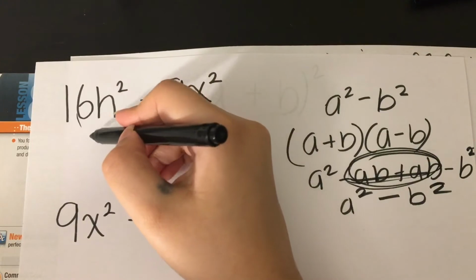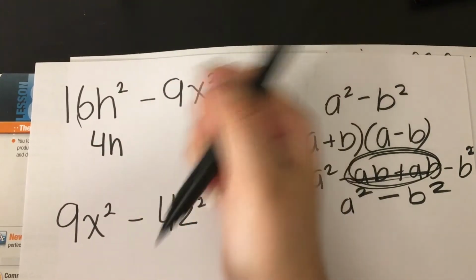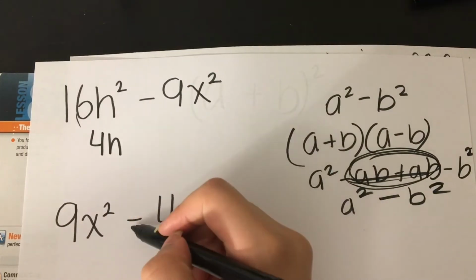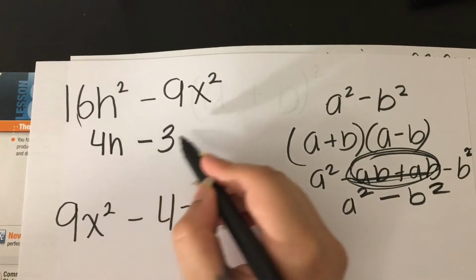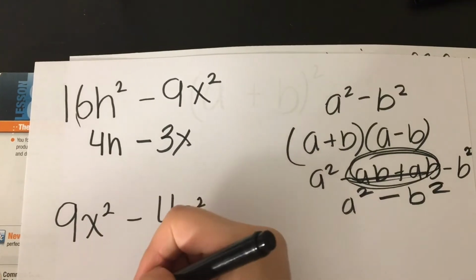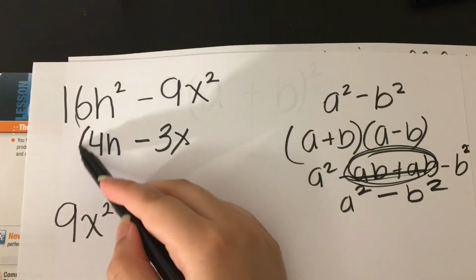Well, that's 4h. 4 times 4 is 16, h times h is h squared. And then what's the square root of 9x squared? That's 3x, isn't it? Now, we have 4h minus 3x.